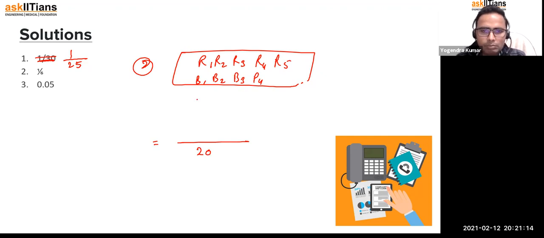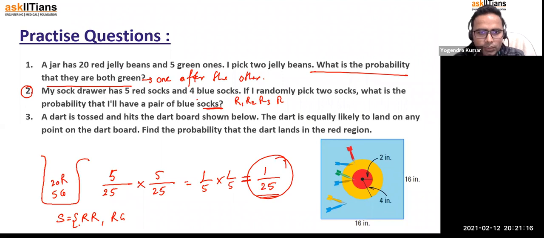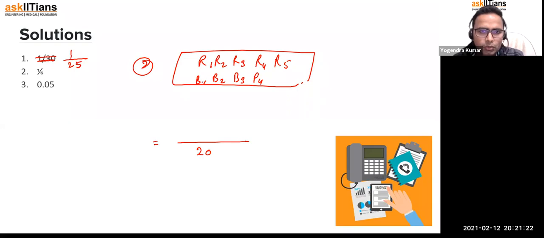Now I want the pair of blue socks. So B with another one, right? Now B1 can make a pair with B2, B1 can make a pair with B3, B1 can make B4 also.